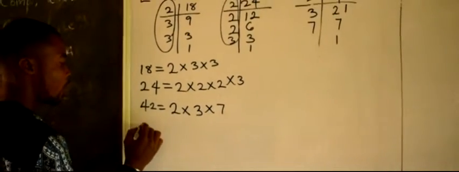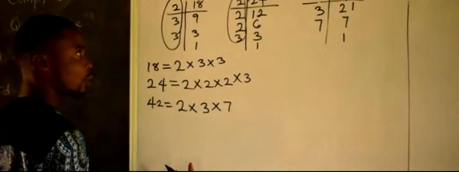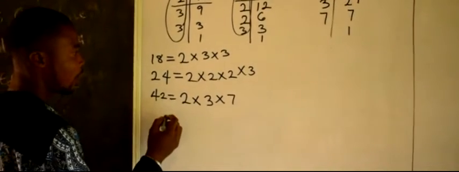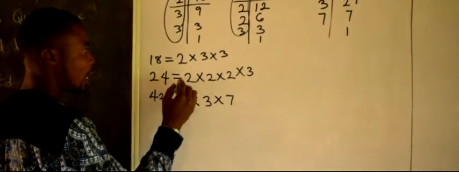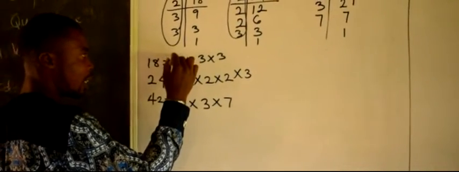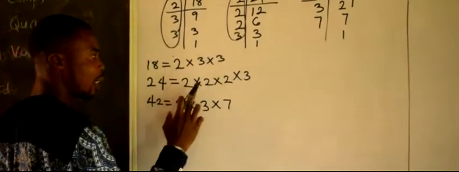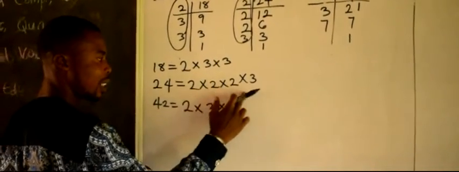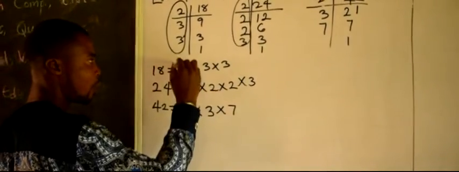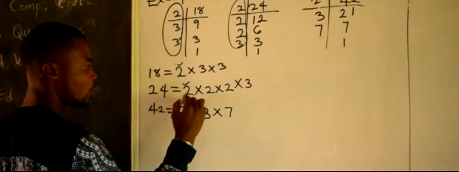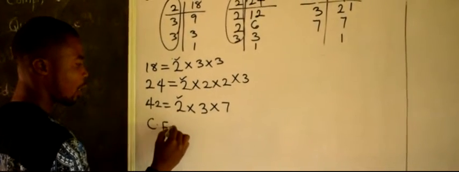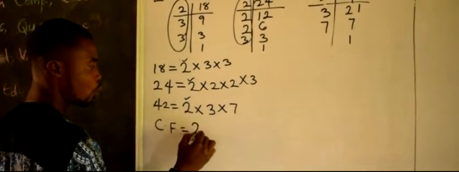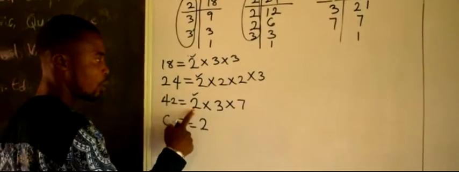Here we now want to get the common factors. The factors are the numbers that are present in all three. We have 2 present in all of them, so we bring out 2.